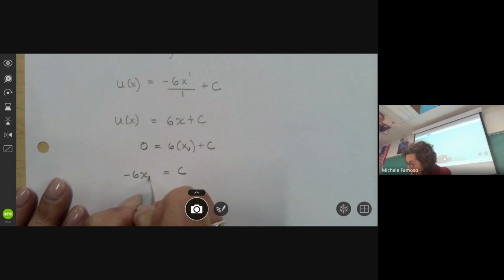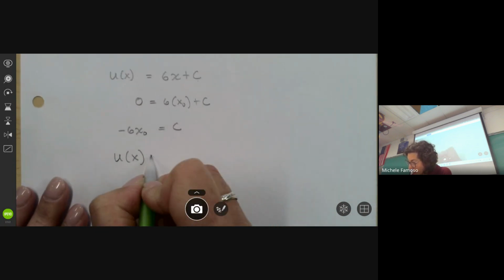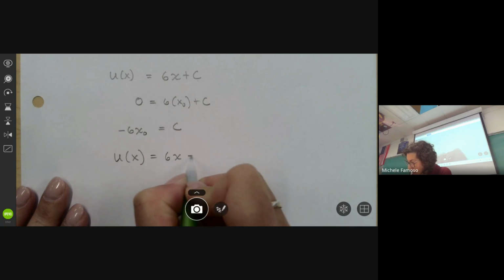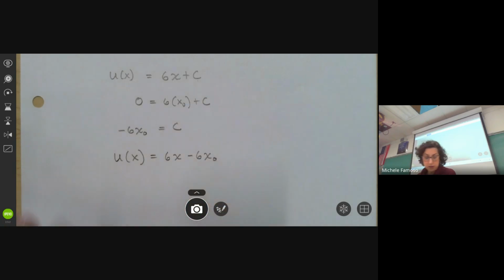Negative 6x0 is what it equals. So the potential energy as a function of position is 6x minus 6x0. I think I said just negative 6x, right? Because I'm assuming that x0 is 0, but it's not technically.